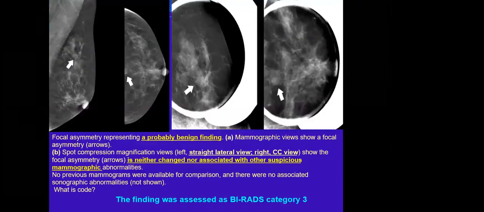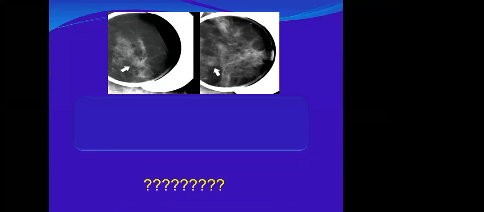Why have we done the spot compressions, both straight lateral and CC? Why did we not do only one, since we saw it on the CC view and it appeared on the compression view? Why do we do 2 different compression views, not only 1?